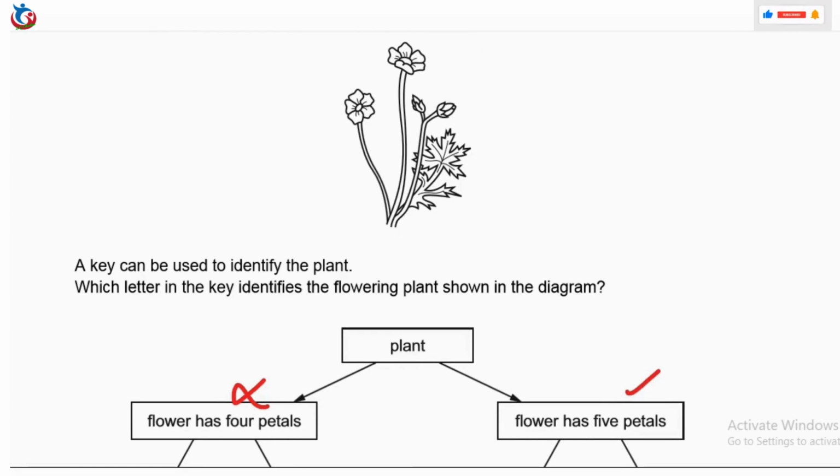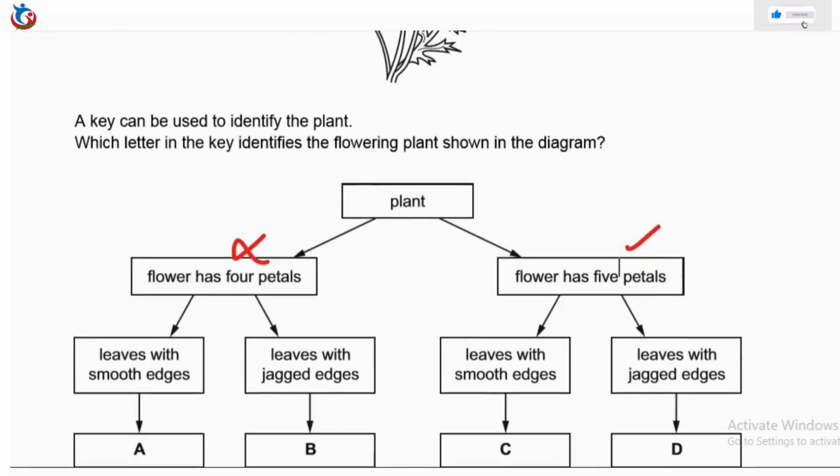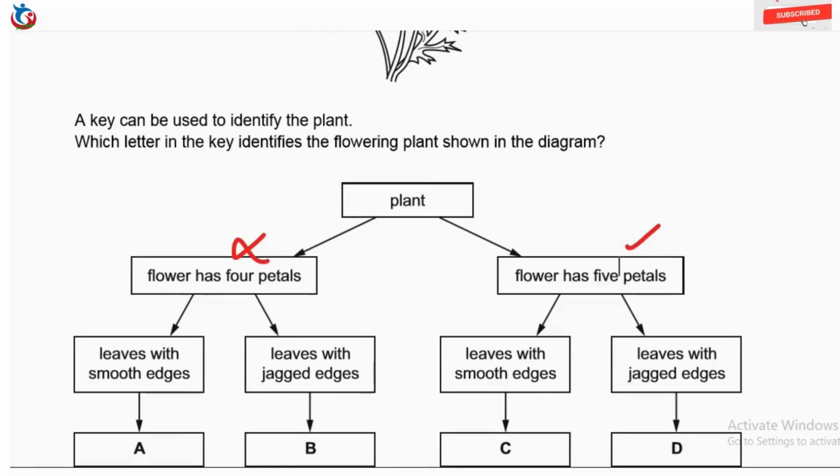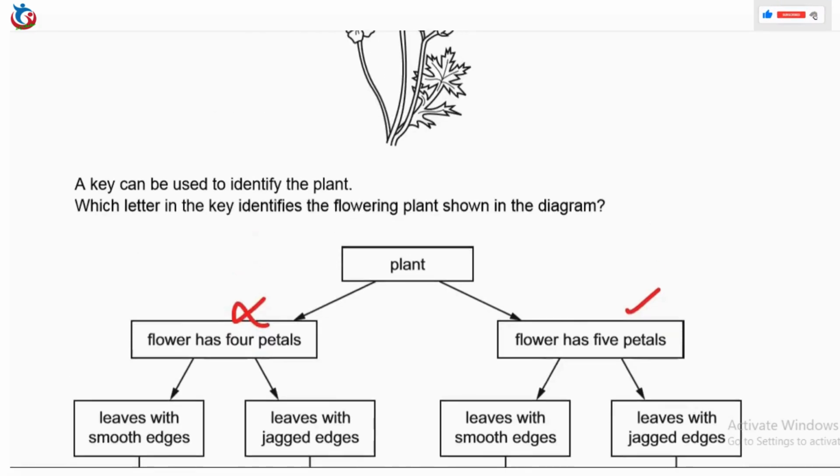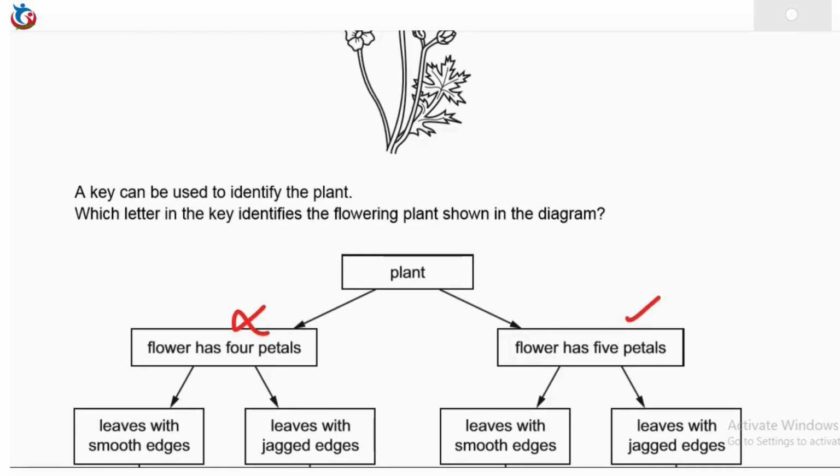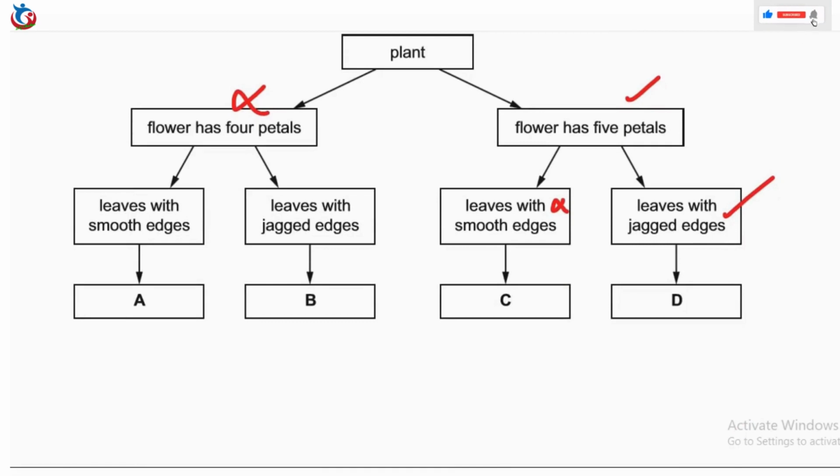Then if we now move on down to the other characteristics that says leaves with smooth edges. If you look at the leaf, it is not of smooth edges, so this is wrong. But the leaves with jagged edges, this is correct. So automatically here, our correct answer to this plant is D.